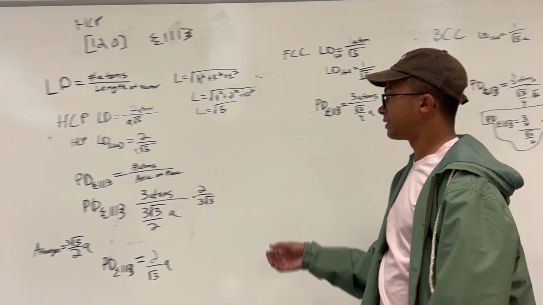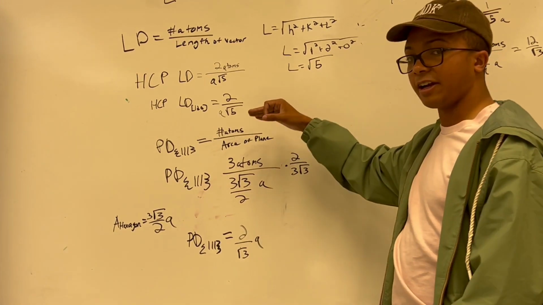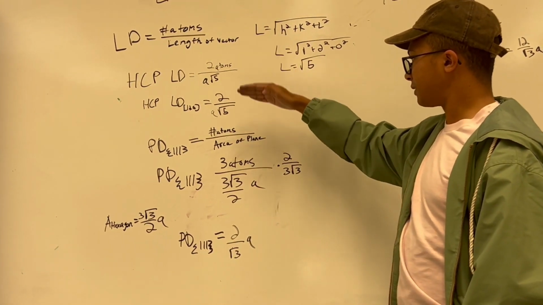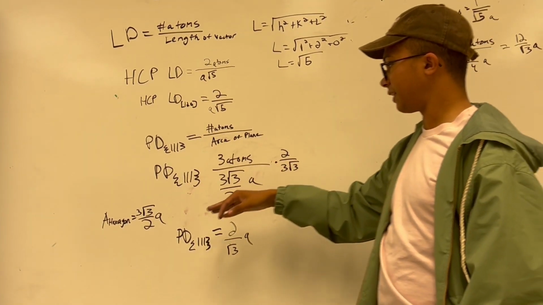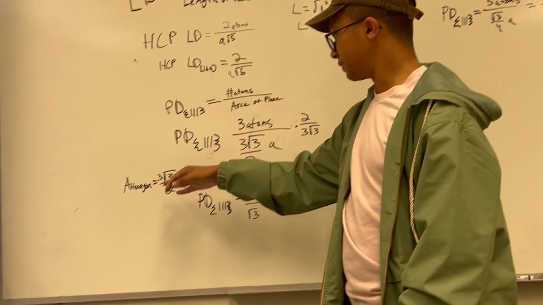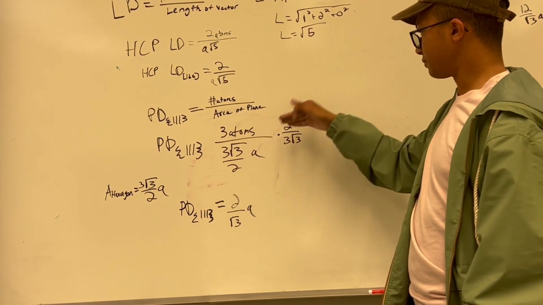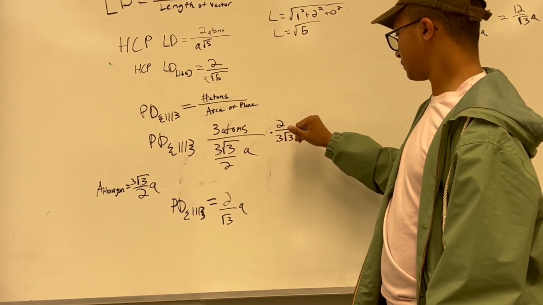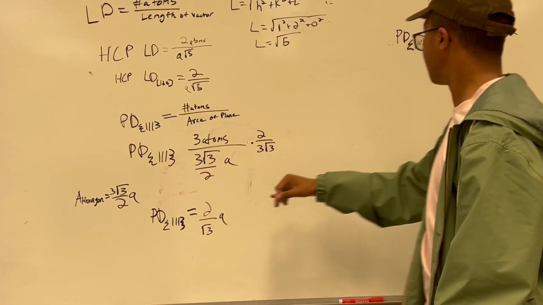Now for finding planar density, you're finding the number of atoms divided by the area of the plane given. So we'll start off with HCP again. In HCP, there are 3 atoms on the plane, and then to find the area specifically in HCP, you have to use the area of a hexagon again, which is 3 radical 3 divided by 2 times a, which is going to simplify out once you do all the math for it, to 2 over radical 3 times a.